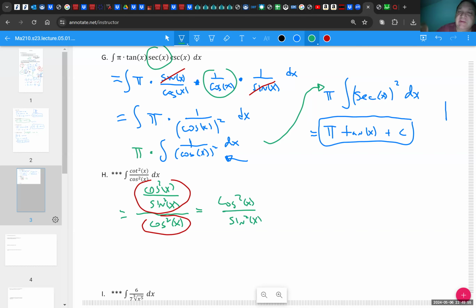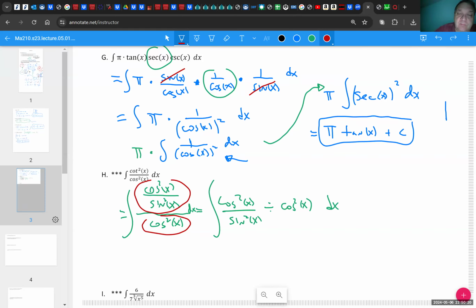I guess I should be keeping my integral, right? People are going to complain that I don't have my integral sign there. All right, so I'm just simplifying the inside stuff. So I have cosine squared over sine squared divided by the bottom thing, cosine squared, and dx. And once again, this is all times dx, and I'm leaving off the times thing just to make it easier for me to explain things.